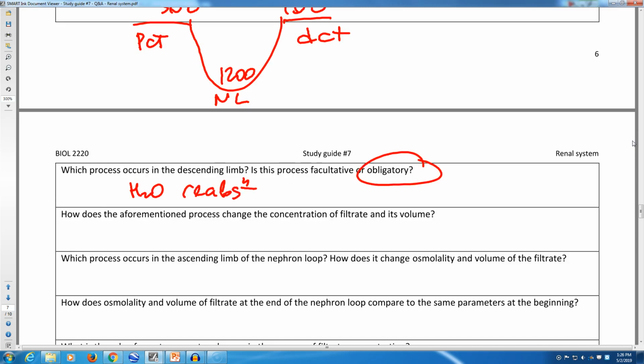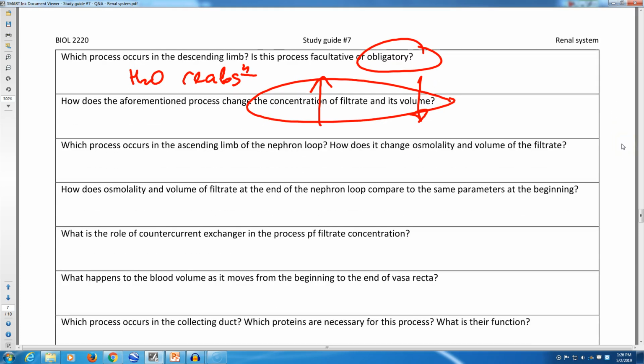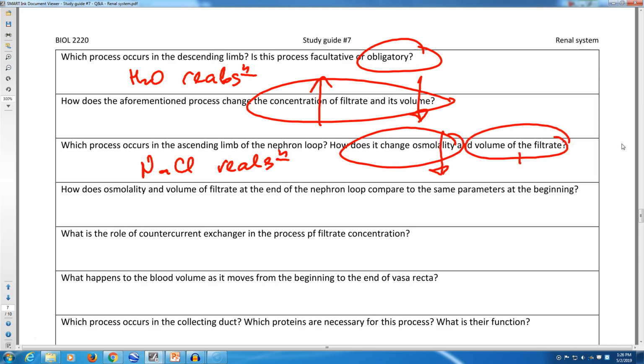It is obligatory. Concentration of filtrate goes up, filtrate volume goes down. Ascending limb, sodium chloride reabsorption. Osmolality goes down, volume goes a little bit down, just a tad.